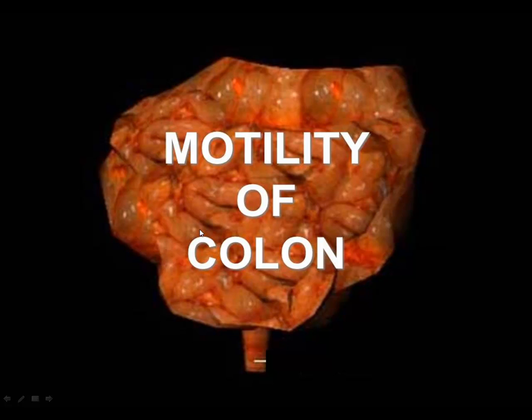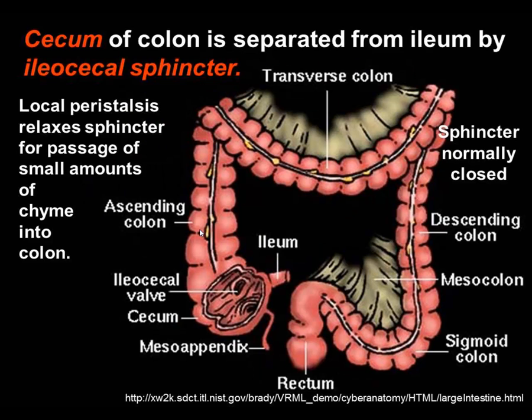We move from there into the large intestine, but before we get into the large intestine, we will talk a little bit about the ileocecal valve, because it's the junction between the small intestine and the large intestine.